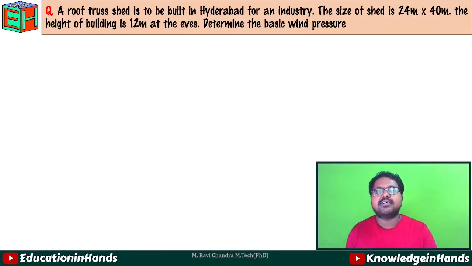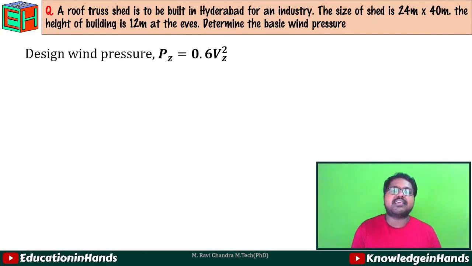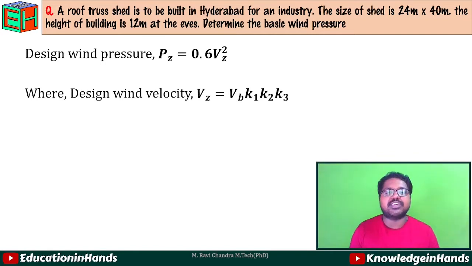So first, to calculate the basic wind pressure or design wind pressure, as per IS 875, we have the formula Pz equal to 0.6 Vz square, where Vz is the design wind velocity. Vz equal to Vb into K1 into K2 into K3.